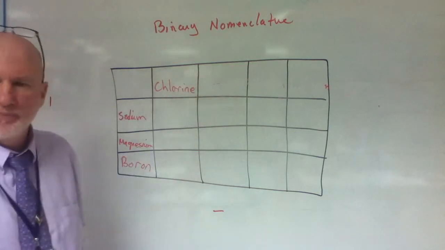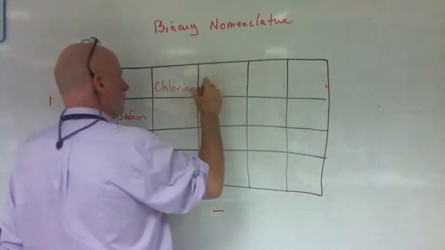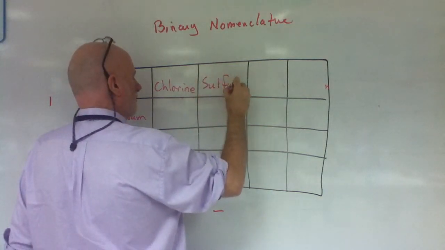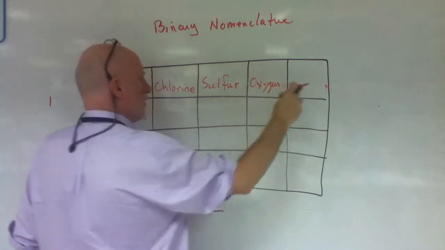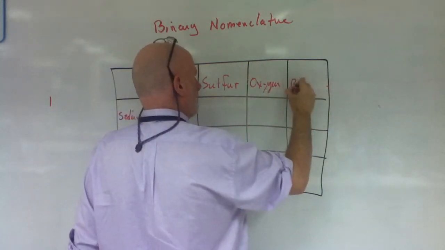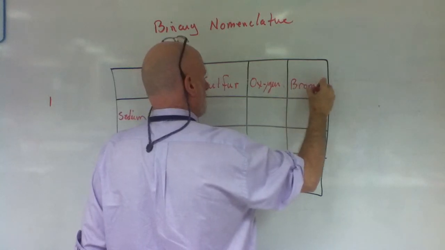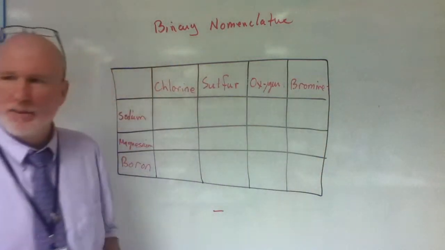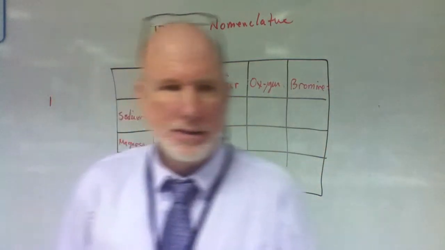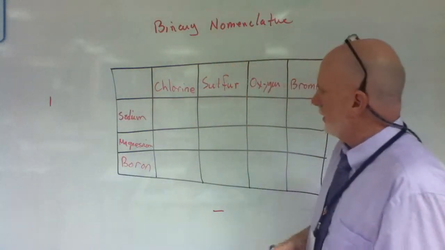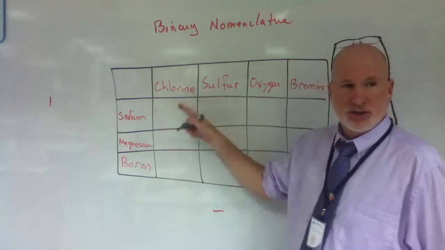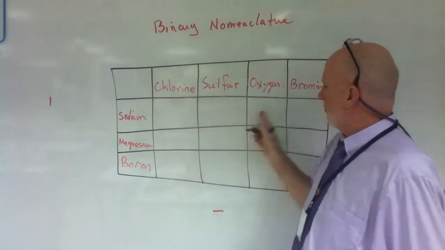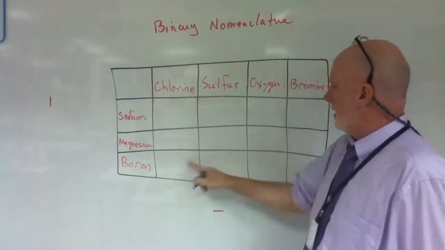What else are we going to put? Sulfur. Oxygen. And bromine. All right? Now, I want you to put in the symbol, the formula for each. 1, 2, 3, 4, 5, 6, 7, 8, 9, 10, 11, 12.